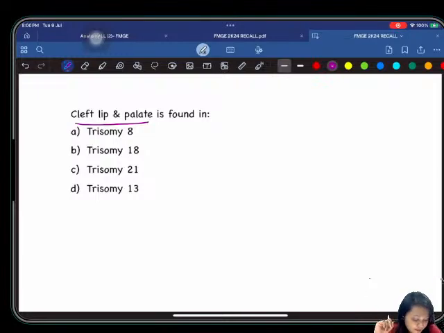So that's about it. Anybody can answer this: cleft lip and cleft palate is found in. Just now we have studied cleft lip and cleft palate. If they had given trisomy 8, trisomy 18, trisomy 21 and trisomy 13, among these which is the one you will tick mark for cleft lip and cleft palate?